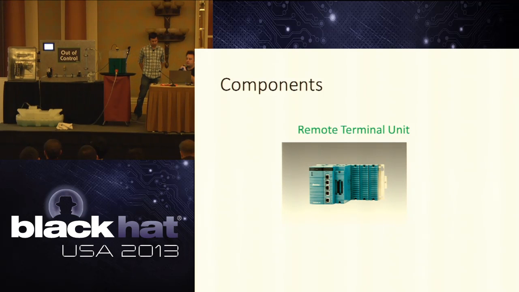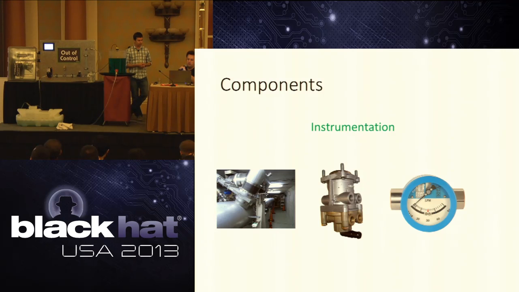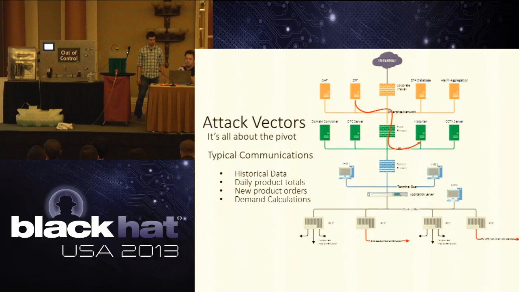An RTU is very similar to a PLC. It might have some more capabilities and more logic available. So instrumentation in our demo is just the pump, the valve, and the level sensor here. Those are the sensors and devices you're controlling in the field.